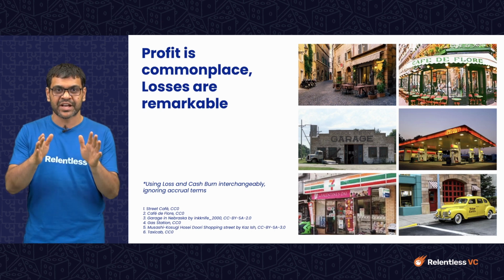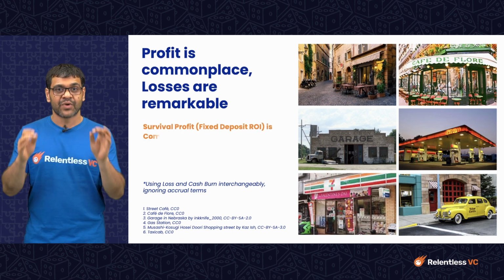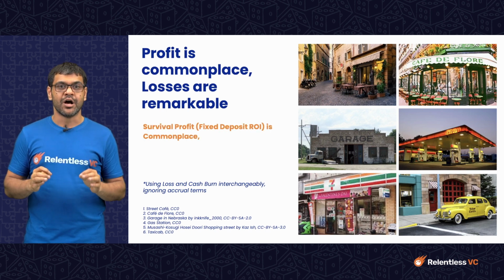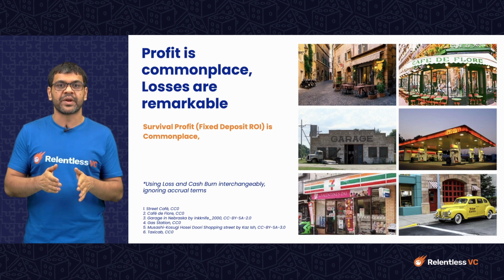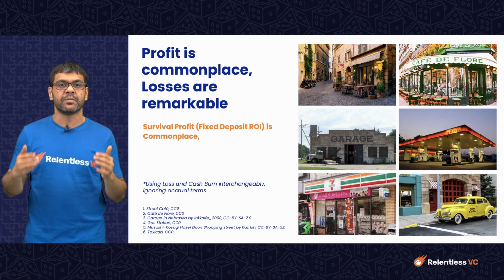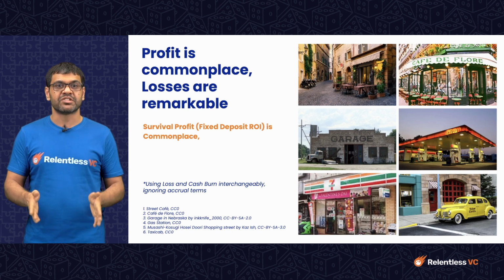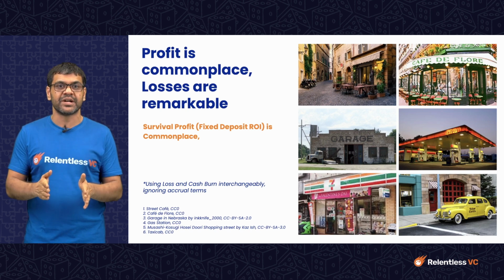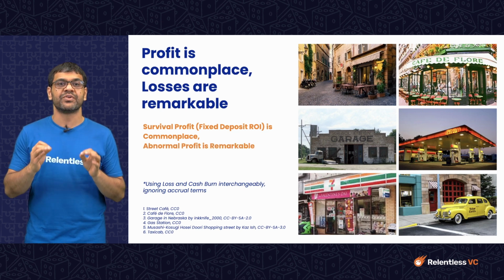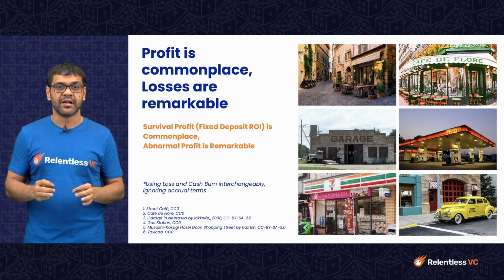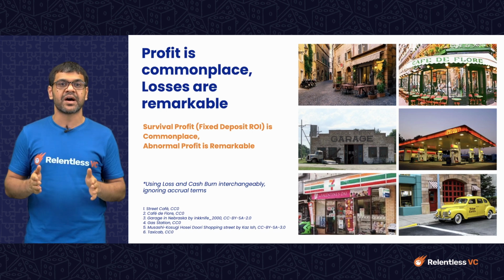Let me rephrase so I'm more exact. Survival profit is commonplace. All small businesses that you interact with usually operate in perfect competition and make survival profits, which implies that the return on their investment is similar to the interest offered by the fixed deposit of a large bank. But abnormal profit is rare and remarkable, which is why losses are remarkable.